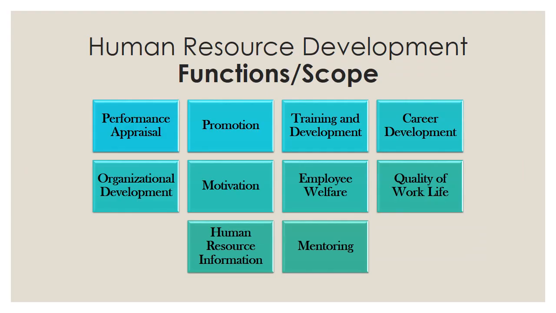Let's now understand the functions and scope of human resource development. Human resource development has a number of subsystems, and these subsystems form its scope. The first subsystem of HRD is performance appraisal. What is performance appraisal? Performance appraisal is understanding the strengths and weaknesses of the employees.